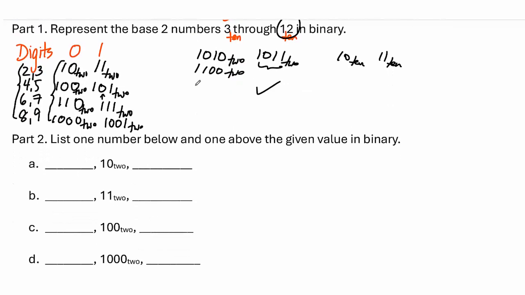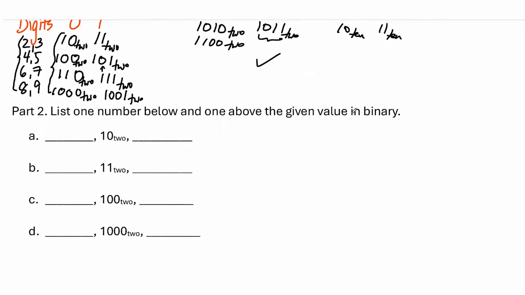All right, let's practice listing the value before and the value after. So 10 in base 2: 10 is always the first 2-digit number, and it's always preceded by the highest 1-digit number, which in this case is a 1.